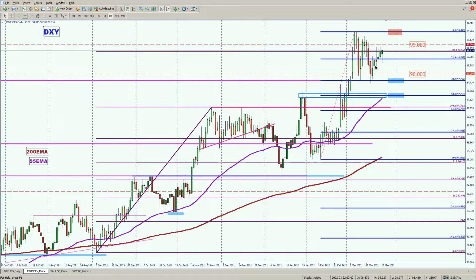Last week it has just been slowly grinding its way up, trying to approach the 99.00 level after finding support from the 38 fib retracement back down from the highs and bouncing off from the 98.00.